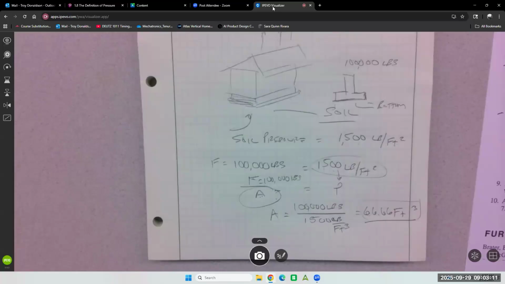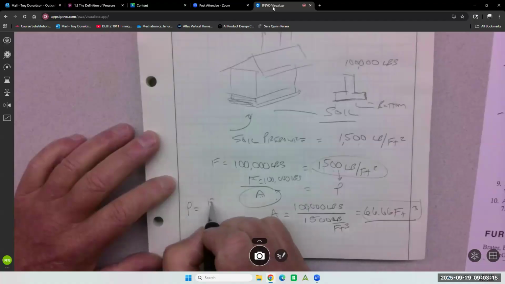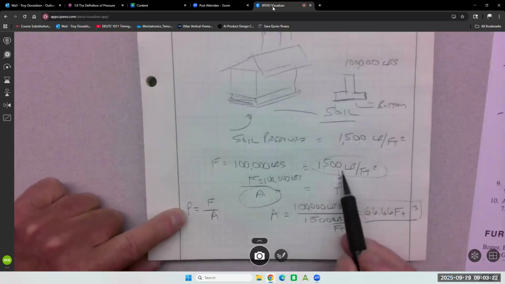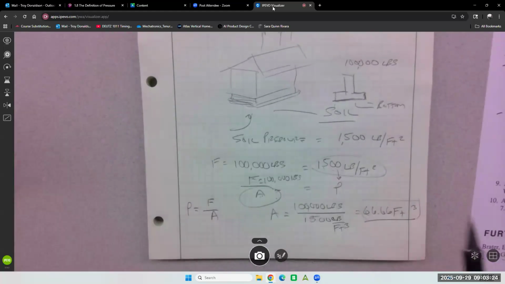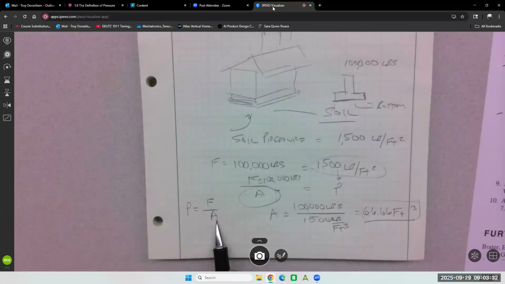Right? So this whole pressure equals force over area. In this case, I knew the pressure, 1,500. That's the soil pressure. I can't go over it, right? I knew the weight of the object, the house weighed 100,000 pounds. So I just needed to be able to calculate the area to make this equation work.